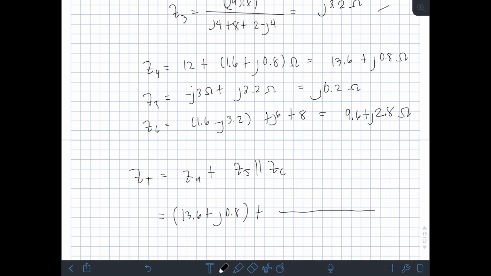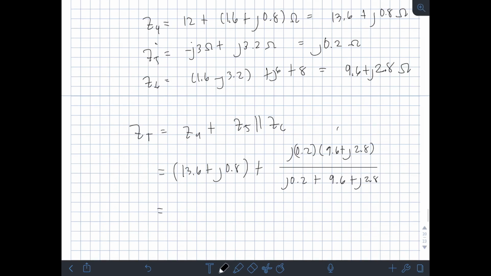Then plus the formula for parallel circuit, the two impedances: we multiply Z5 and Z6, so J times 0.2 times 9.6 plus J times 2.8 in the numerator, the product. Then we add them in the denominator: J times 0.2 plus 9.6 plus J times 2.8 ohm. So, using calculator, what is this? Let's just make it in polar form.